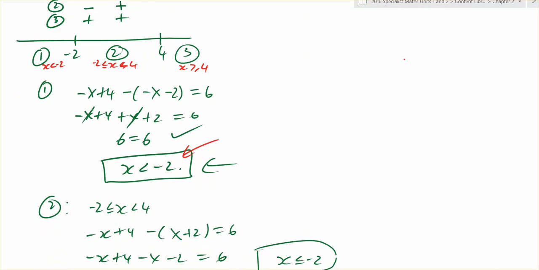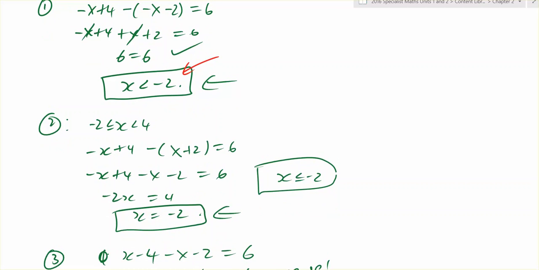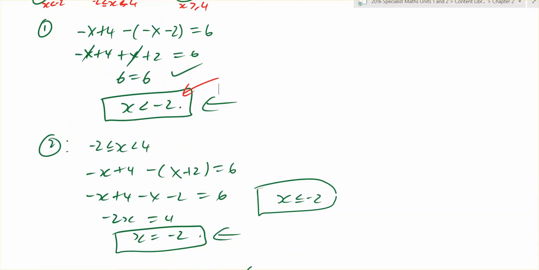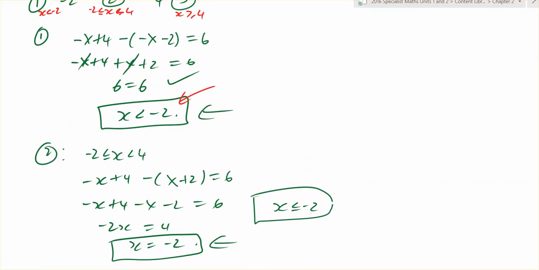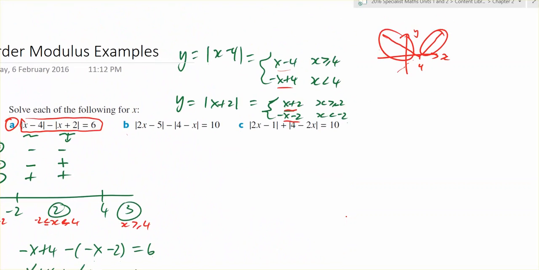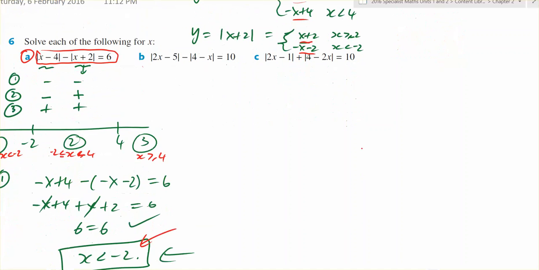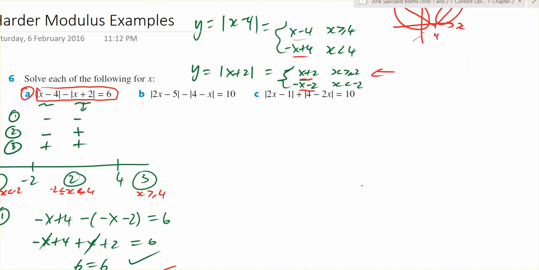For region 2, we did the same thing. We know that when x is greater than negative 2 but less than 4, we have to choose which pieces we use. When x is greater than negative 2, we use this piece for this expression, and we use this piece, because it's still less than 4, for this expression.